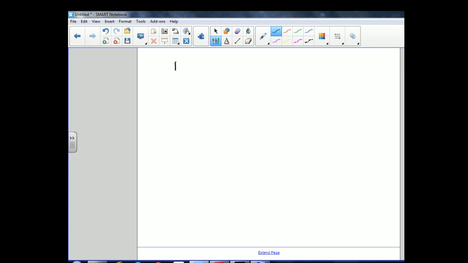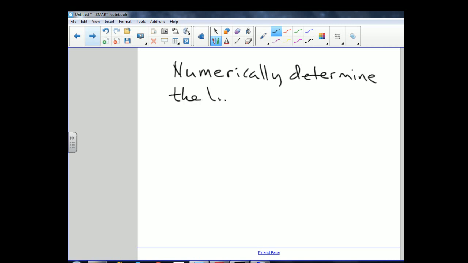So now we are going to look at numerical determination. Numerically determine the limit.